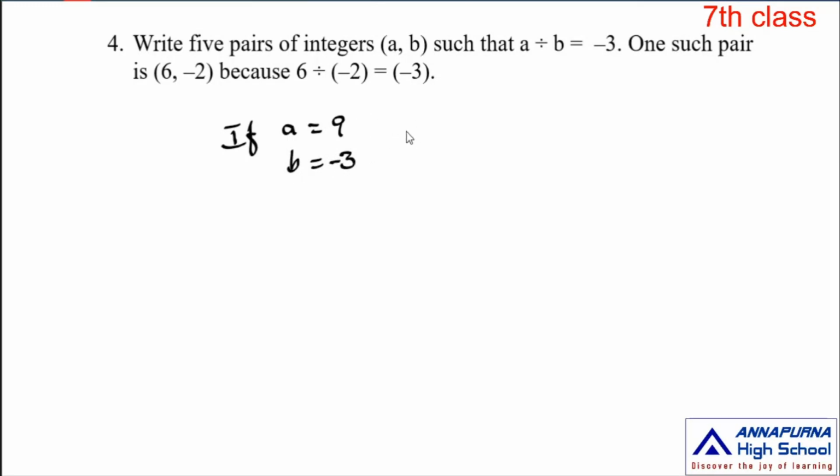Now divide it. A divided by b. Therefore, a divided by b is equal to, a means 9 divided by minus 3, which is equal to minus 3. Therefore, 9 and minus 3 is the one pair.